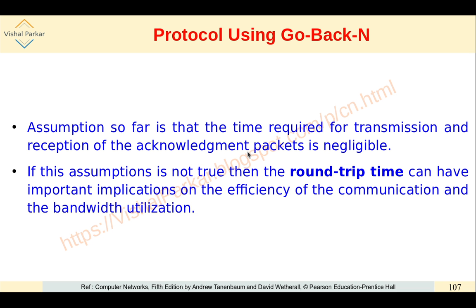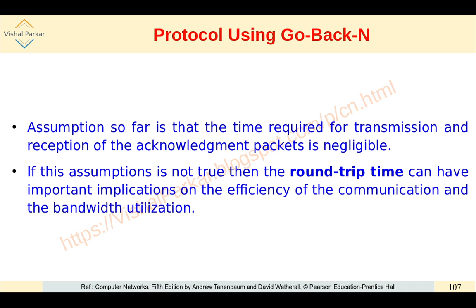Now, the assumption that we have taken in all the protocols so far is that the time required for transmission and reception of the acknowledgement packets is negligibly small. So we have just considered that it will not take a considerable amount of time for the transmission or reception of the acknowledgements.